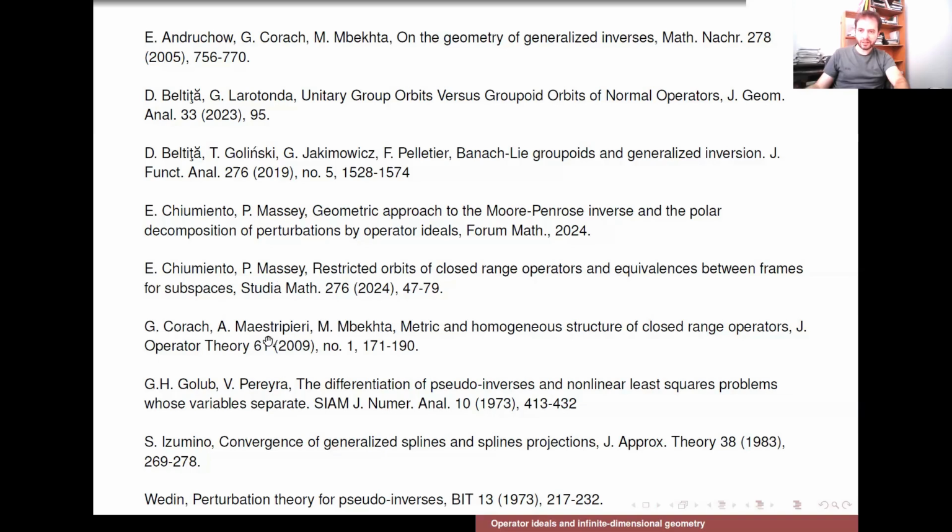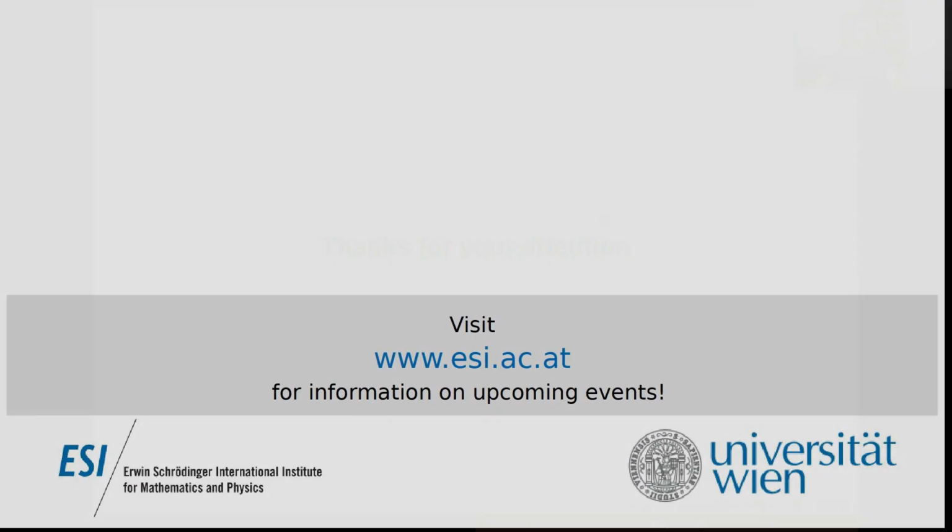We have here the work by Corach, Maestripieri, and Mbekhta. Here is the work in the finite dimensional context of Golub and Pereyra, the work by Izumino, and Wedin's formula is in this work. So thank you very much.